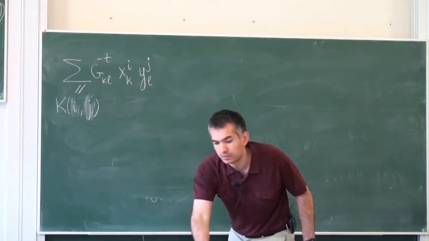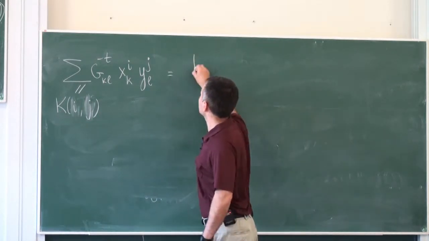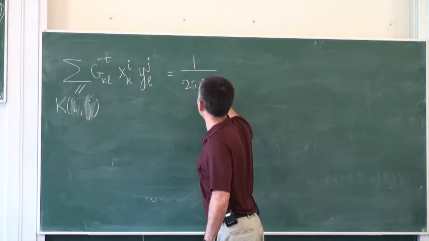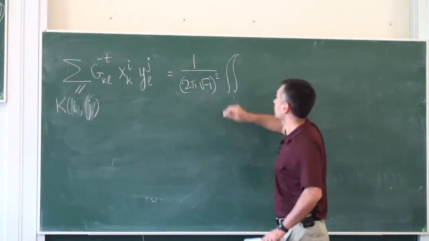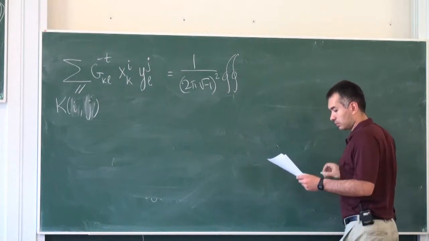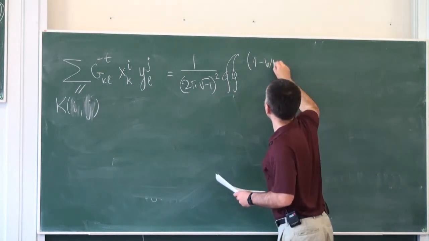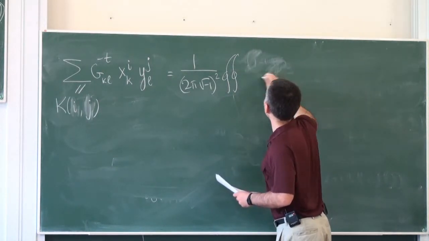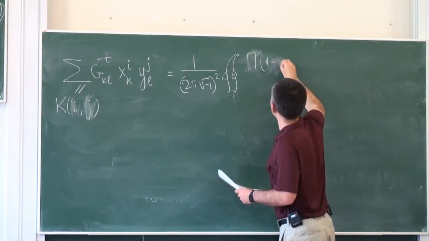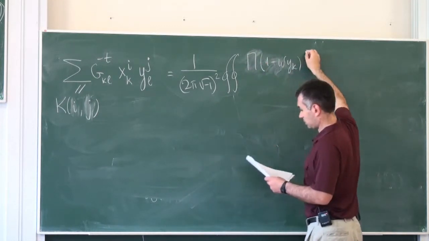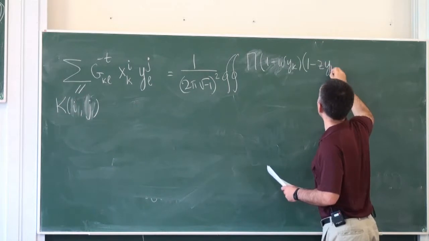Then the final step is the residue calculus. This is 1 over 2 pi square root of minus 1 squared, a double contour integral, with factors 1 minus w y_k, 1 minus z y_k.